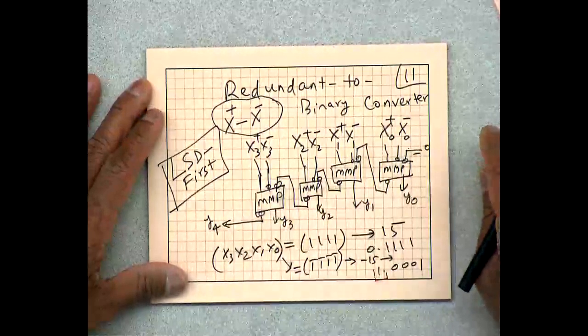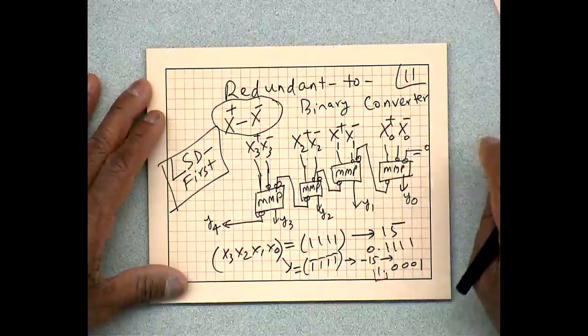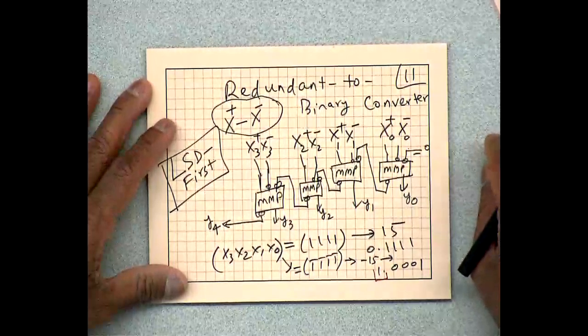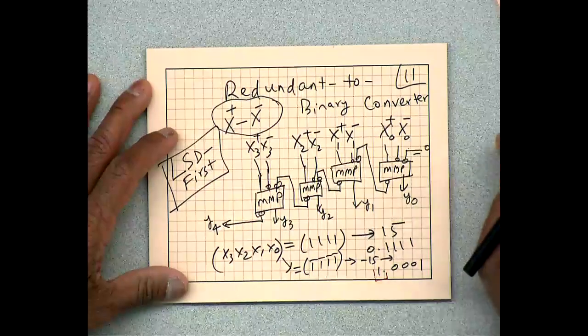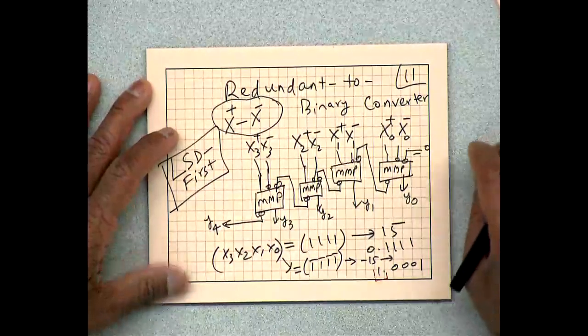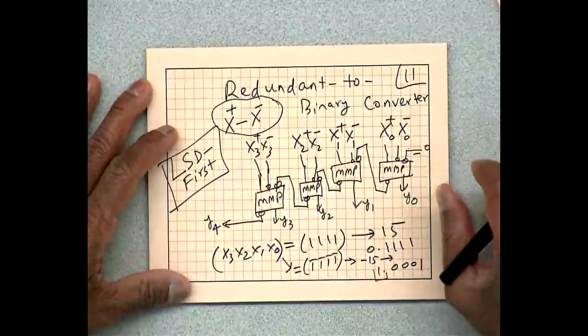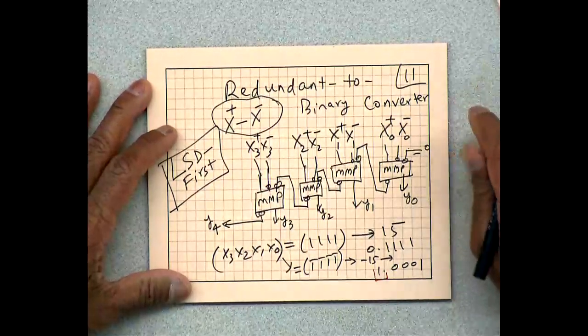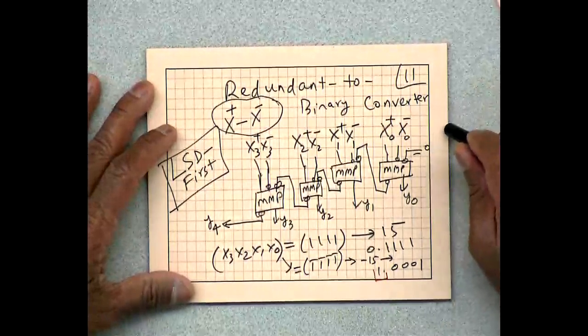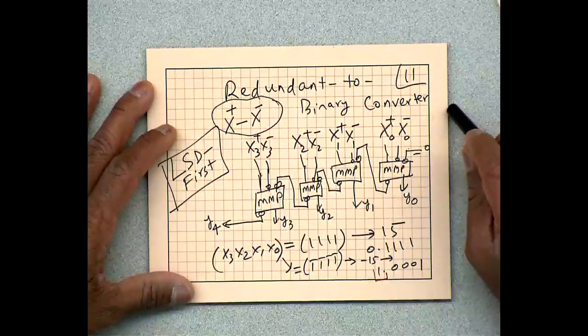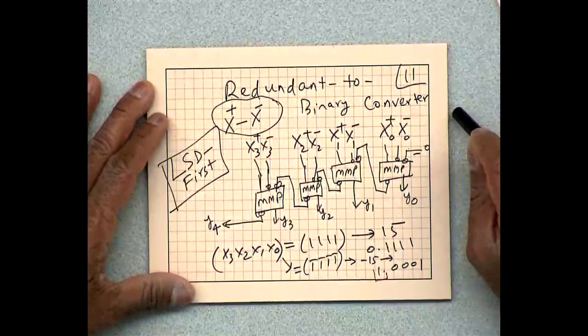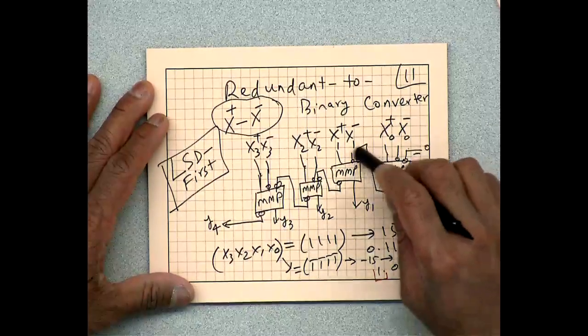So how can we convert using MSD first? Now, what is the reason we are forced to compute in a carry ripple manner?